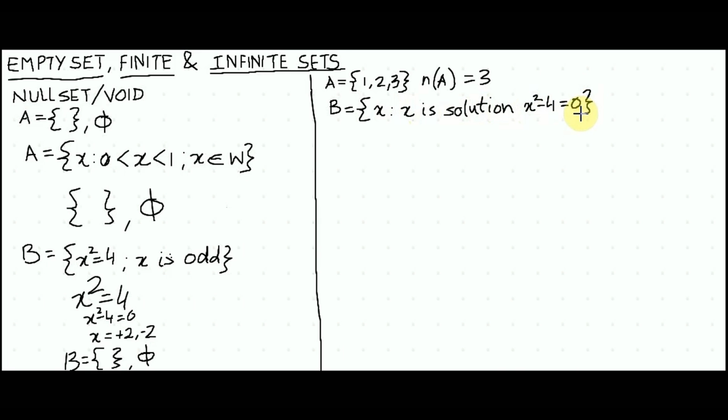This is the set I have written: x, where x is a solution of x square minus 4 equals 0. As we can see, x square minus 4 equals 0 is a quadratic equation, and it has two real solutions, plus 2 and minus 2. If we represent it in roster form, the elements will be plus 2 and minus 2. So here we can see that the number of elements is 2, so it is a finite set.